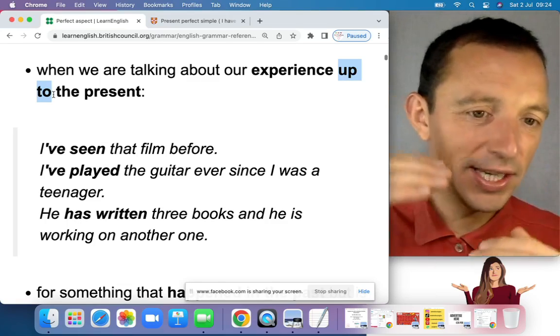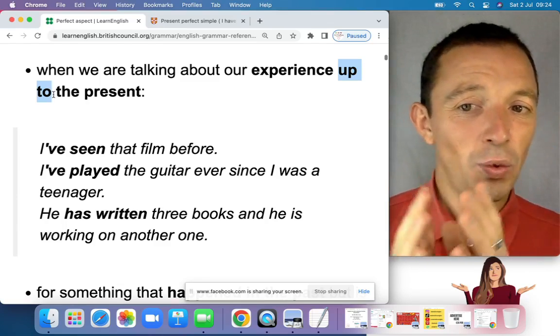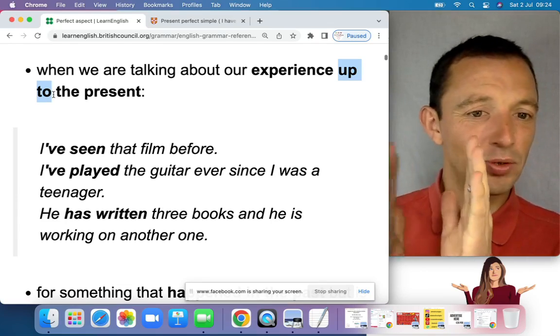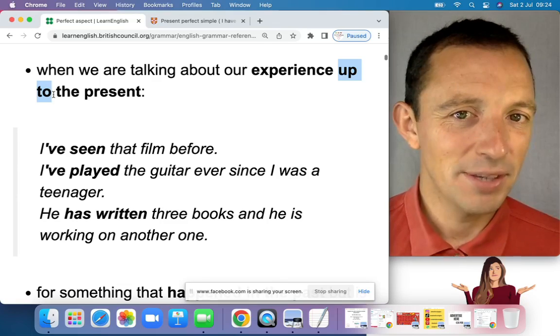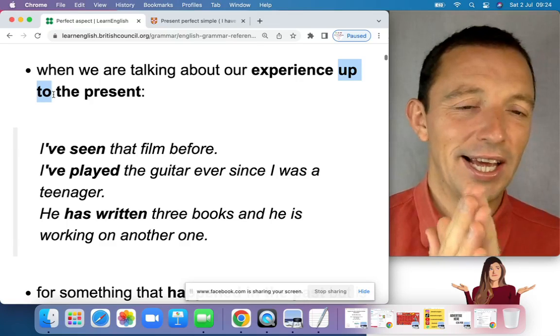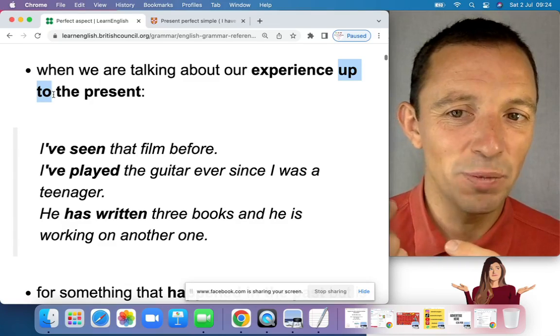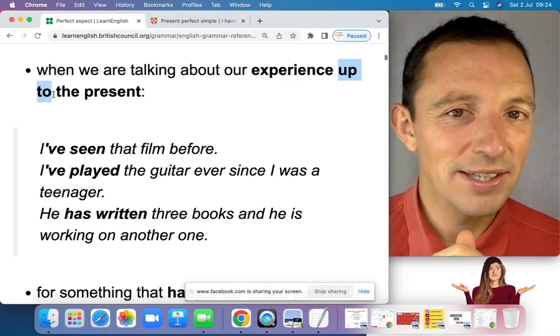This means you continue working but stop at 8 o'clock, up to 8 o'clock. So we are talking about an experience up to the present. That's the second possibility. The first possibility is something that started in the past and continues in the present, but the second possibility is an experience that continues to the present.